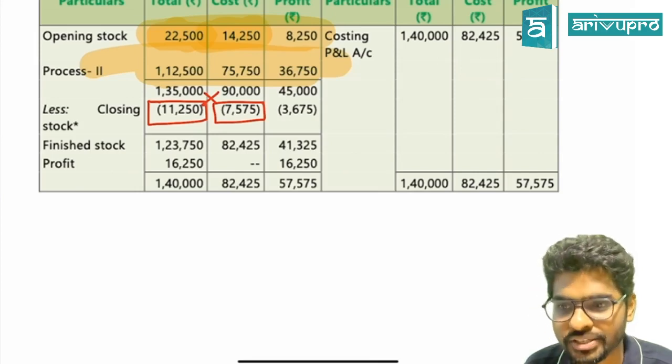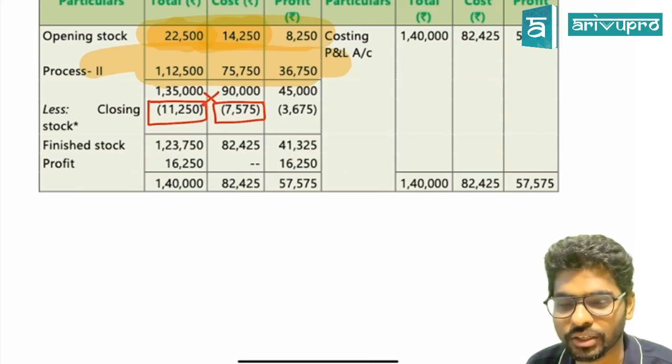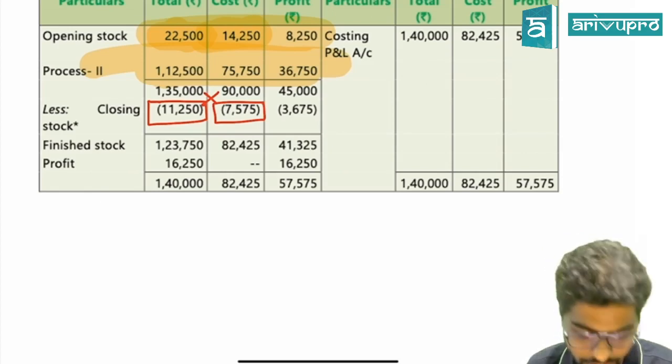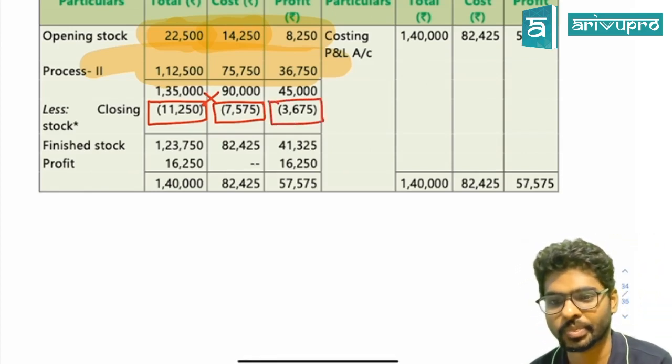Same as the previous step, I'm just going to take the closing stock, do the cross multiplication to find out the profit. Are you clear? Done. Now this gives me my profit element.